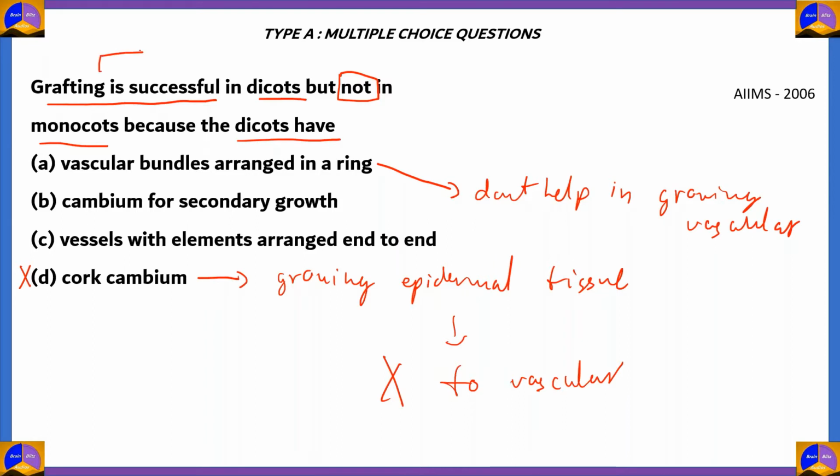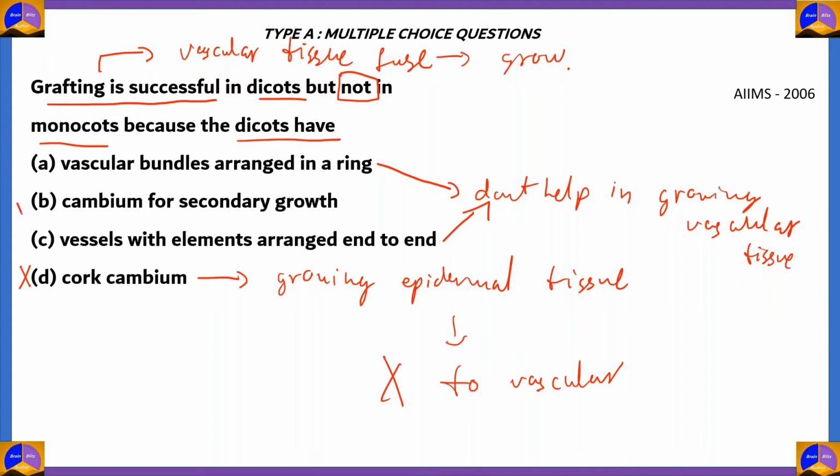And grafting is successful because vascular tissue fuse of the two plants that are being grafted. So in order to fuse, it has to grow. What about option C, vessels with elements arranged end to end? Again, similar to option A. It doesn't help in growing vascular tissue. These may be features of dicots that monocots don't have, but they don't help in growing vascular tissue.